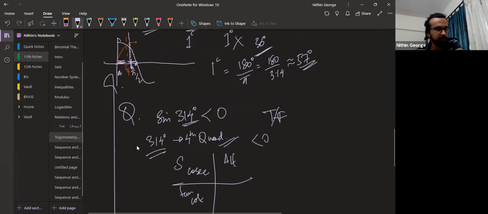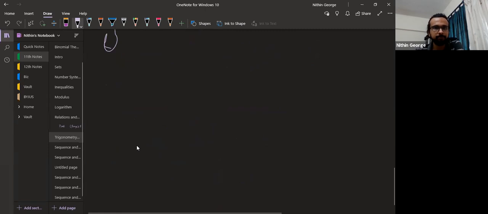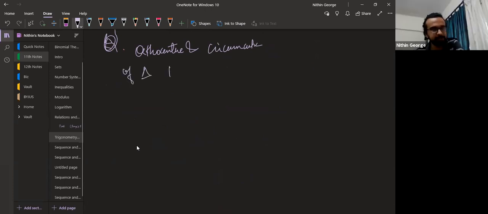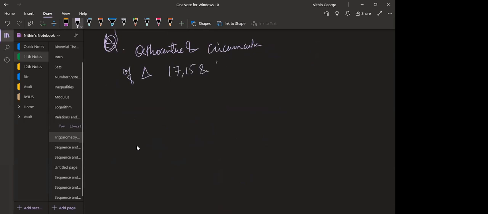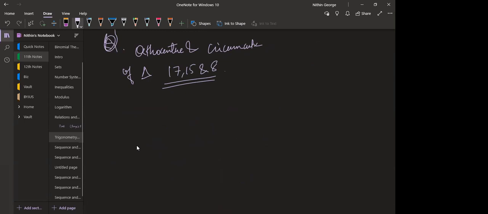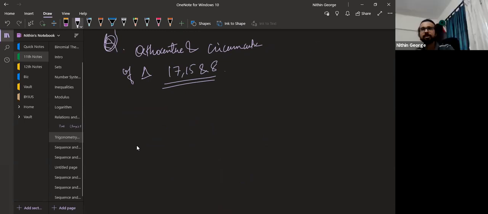Find the distance between the orthocenter and circumcenter of a triangle with sides 17, 15, and 8.